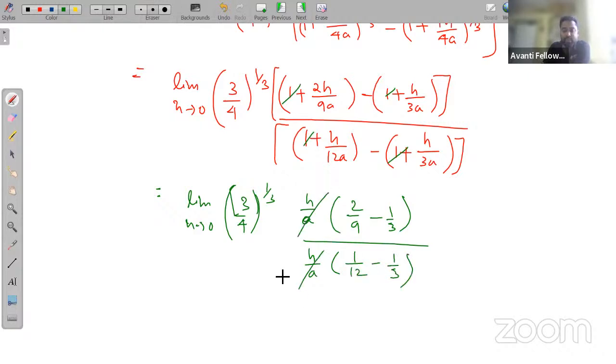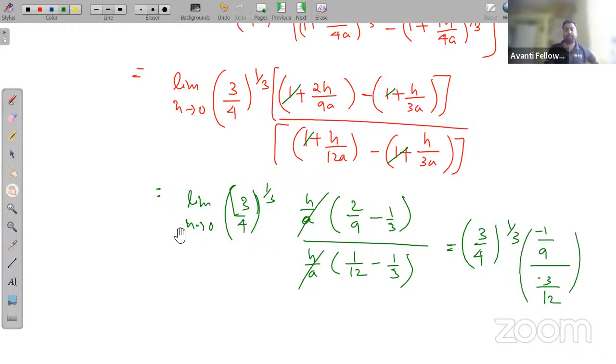So h upon a will be cancelled out. We have (3 by 4)^(1/3), and the numerator becomes 2 minus 3, that is minus 1 upon 9, divided by 1 minus 4, that is minus 3 upon 12.